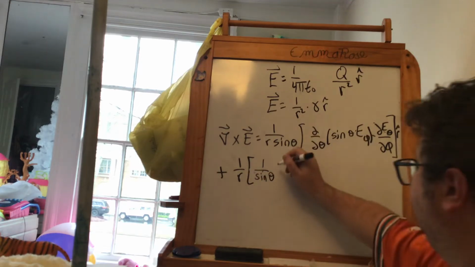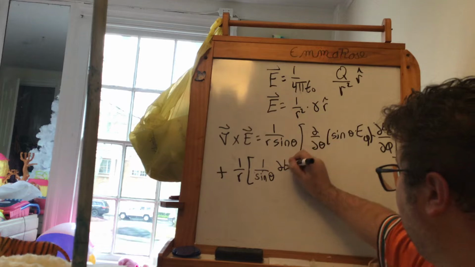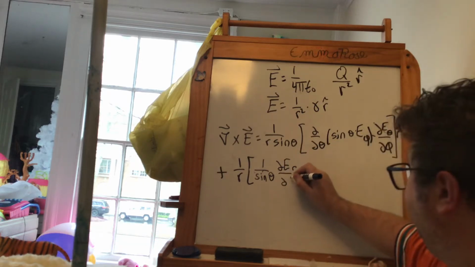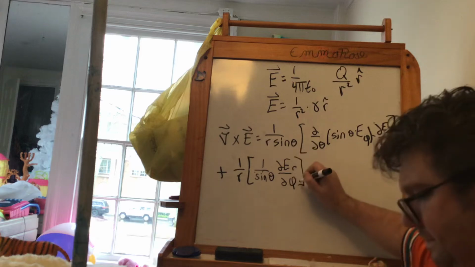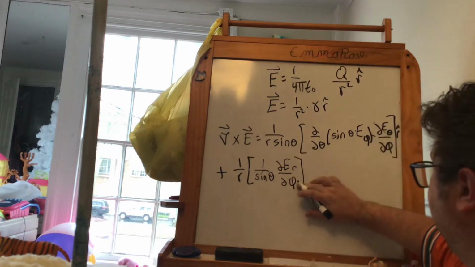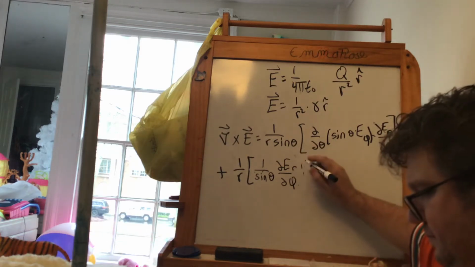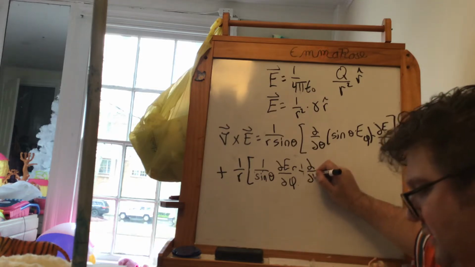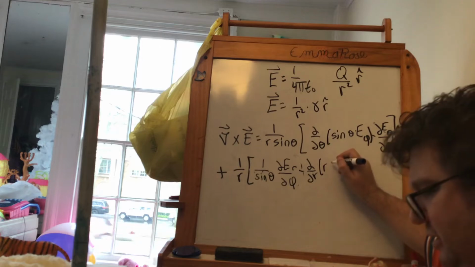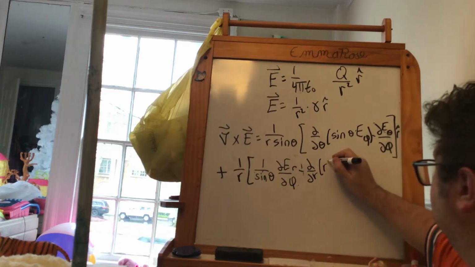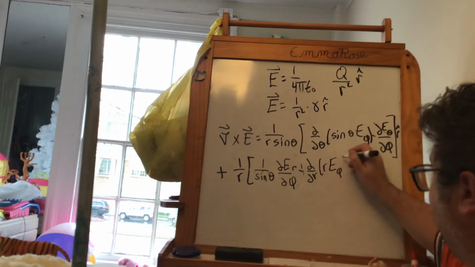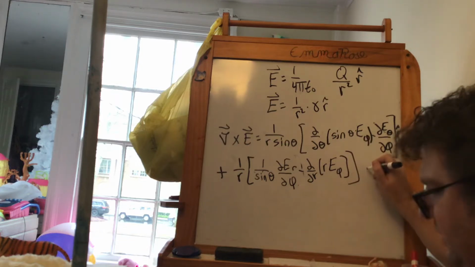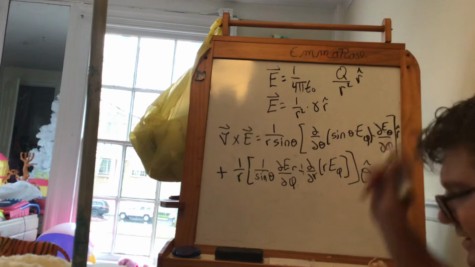And then I have d er d phi. Oh, sorry. And then minus d dr r e phi. And this points in the theta hat direction.